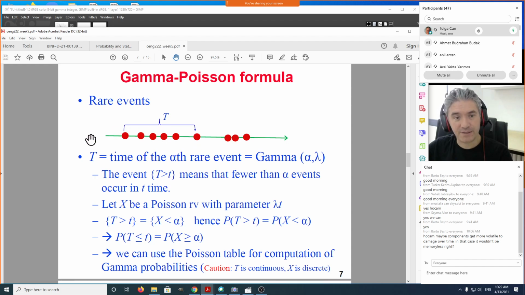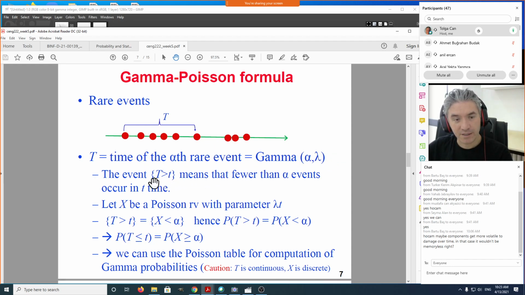We have rare events, and let T be our gamma variable, where it shows the time to the alpha-th rare event. In other words, it's a gamma random variable with the parameters alpha and lambda. If the waiting time between every consecutive rare event is an exponential random variable with parameter lambda, and if our variable T is the time to wait until the alpha-th rare event, then it becomes our gamma variable.